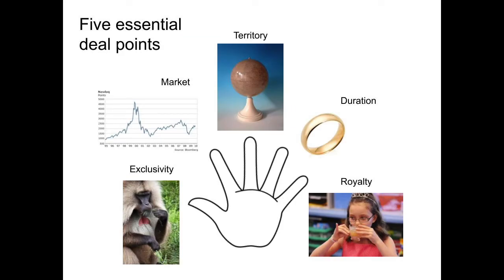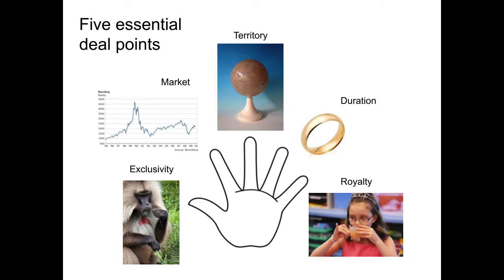This is what I call my 5-finger mnemonic, and I developed this for myself in my practice in order to, shall we say, defend myself against having to answer questions very quickly about structuring deals. The scenario that I envisioned was a client calls you on the phone and says, I need a license agreement, and you have to very quickly understand what they need.